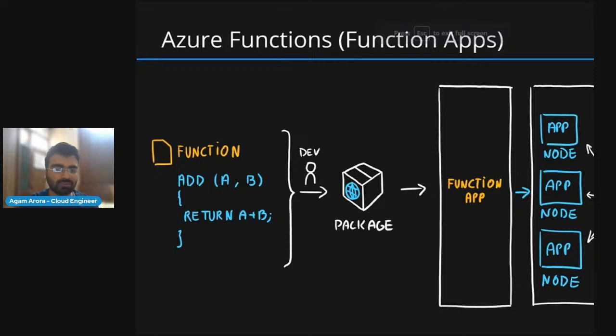What it does is, for example, if I have this small piece of code to add two numbers, I ask the developers to create a package of it, and then we can jump onto the Azure portal, search for the Azure function app, and then deploy this application. And whenever this function of adding is triggered, this code is run in the backend, and then the web application can work seamlessly.